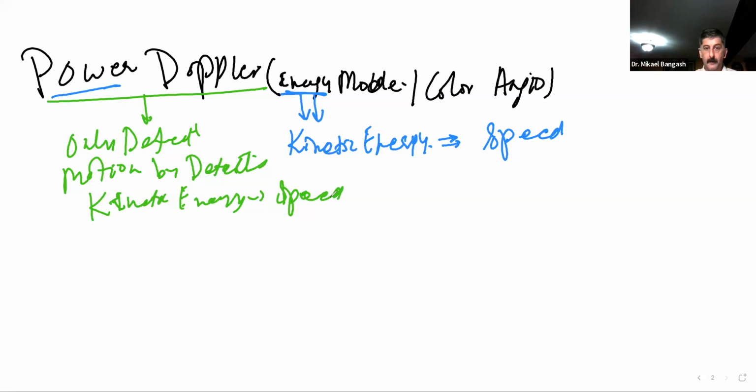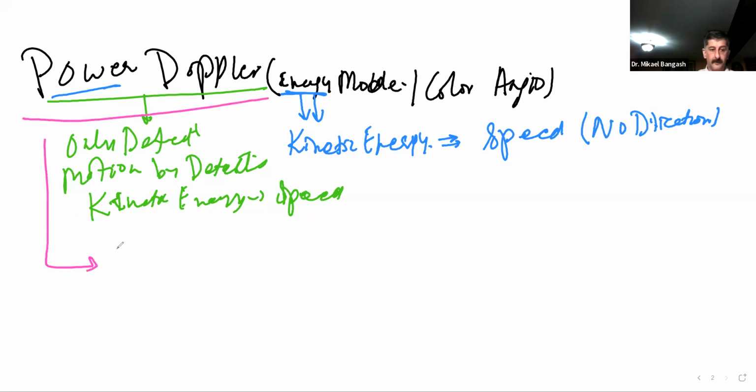Clear? And when we say speed, we mainly mean speed only, with no direction. And that is why this whole thing here may also be referred to as non-directional color Doppler.